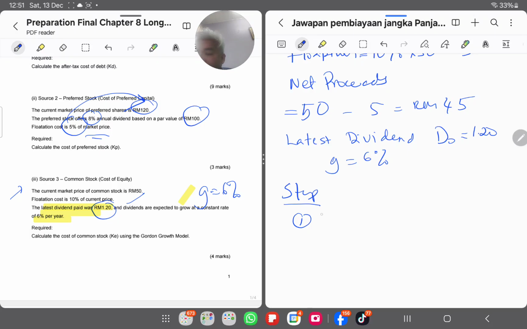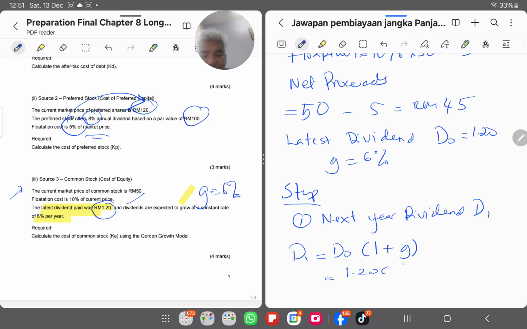Step 1, compute the next year dividend, or D1. D1 is equal to D0 plus the growth rate. Growth rate is 6%. D0 is 1.2, because we have to calculate D1, as the formula of the Gordon growth model needs D1. 1.2 times 1.06. Then you will get D1 is 1.272.